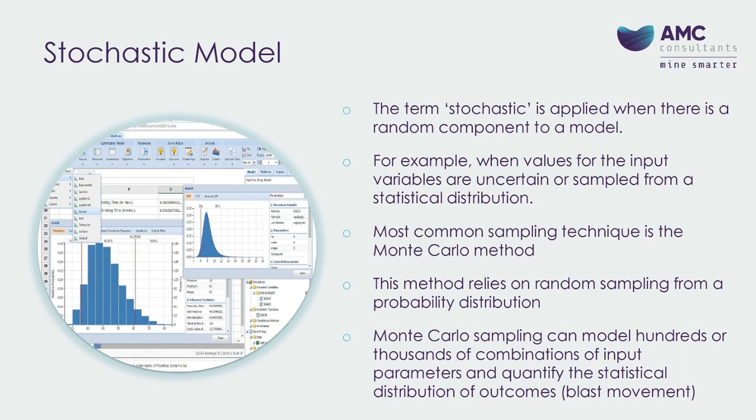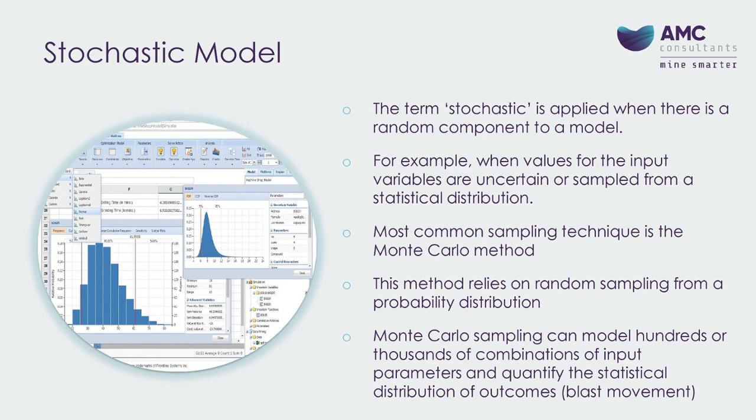The term stochastic is applied when there is a random component to a model, for example, when values of the input variables are uncertain or they are sampled from a statistical distribution. So I'm talking about powder factor, stemming heights, the blast design itself, the direction and magnitude of the blast movement. They're all inputs and they're all variable.